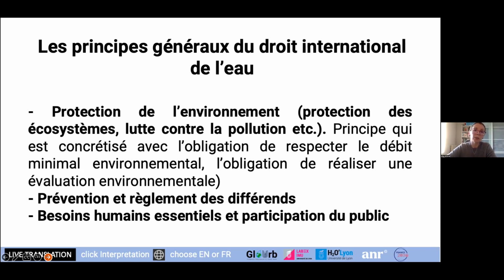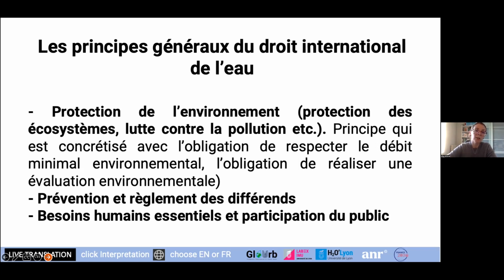Then there's another general principle that has to be applied and respected, and that is the prevention and settlement of disputes so that conflicts can be avoided. And if there are conflicts, these have to be settled. There's an obligation to settle disputes, therefore.